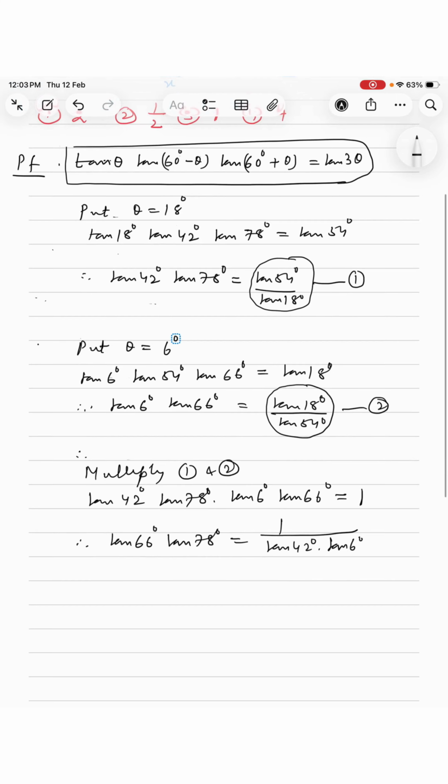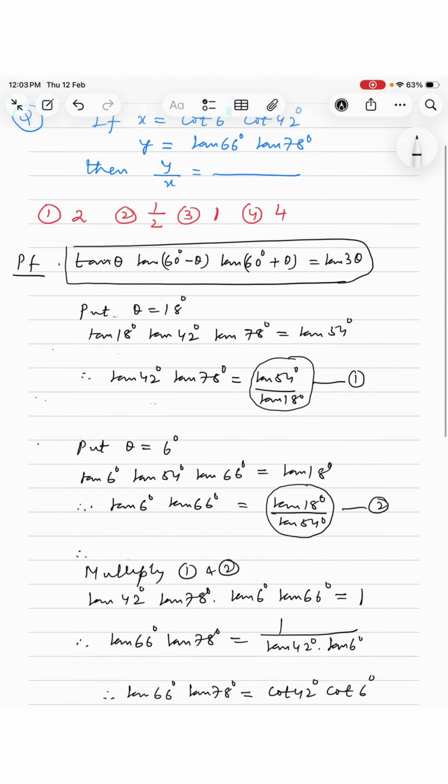Therefore, tan 66 degrees into tan 78 degrees is equal to 1 by tan 42, which is cot 42, and 1 by tan 6 degrees, which is cot 6 degrees.